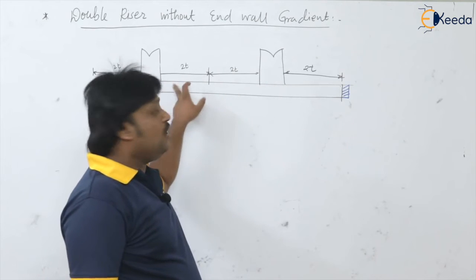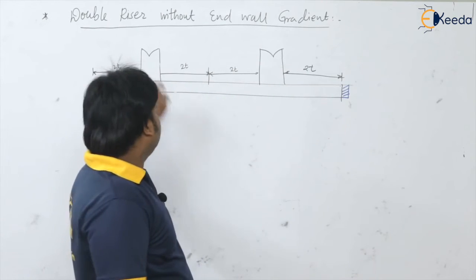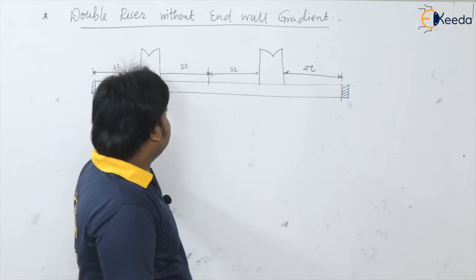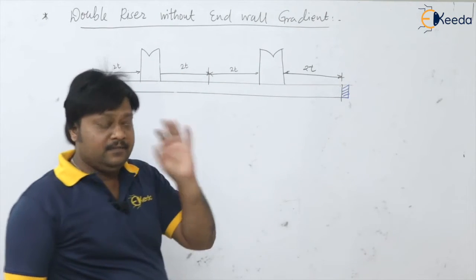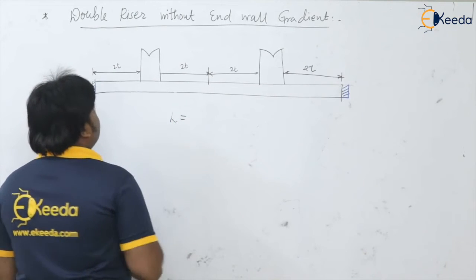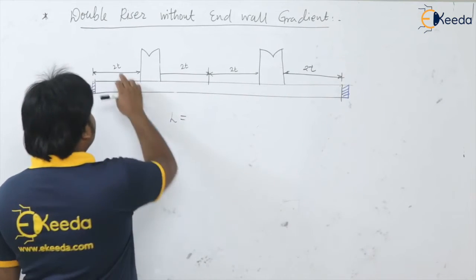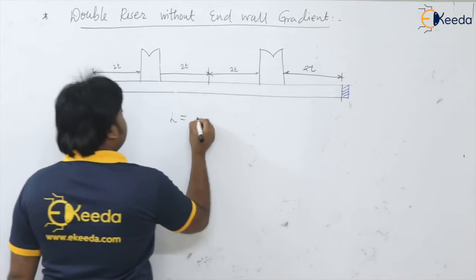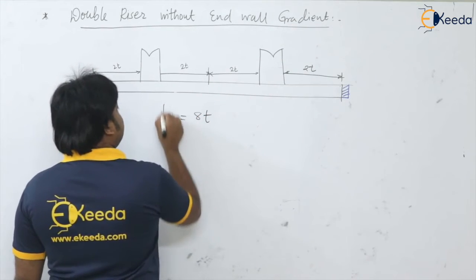So in totality how much? 4T. Please remember, the distance between these two risers is 4T. Okay, now tell me the L value for the double riser without end wall gradient: 2T, 2T, 2T, 2T, it is equal to 8T.